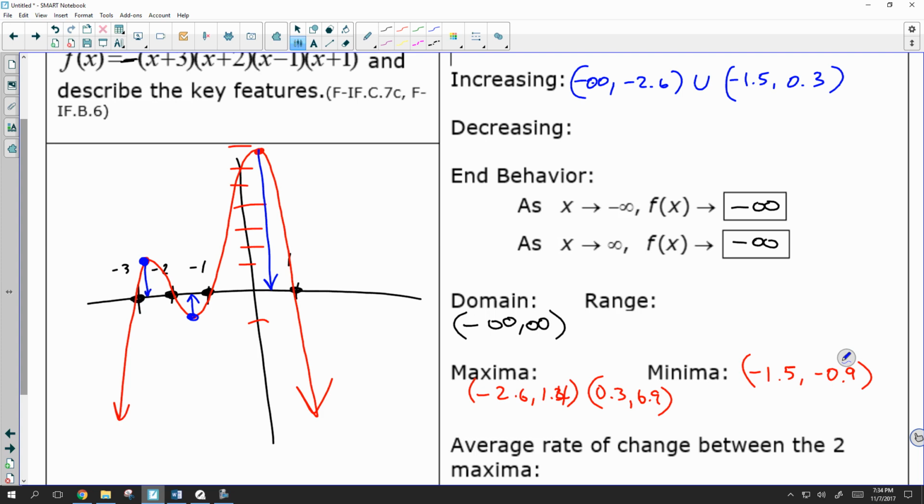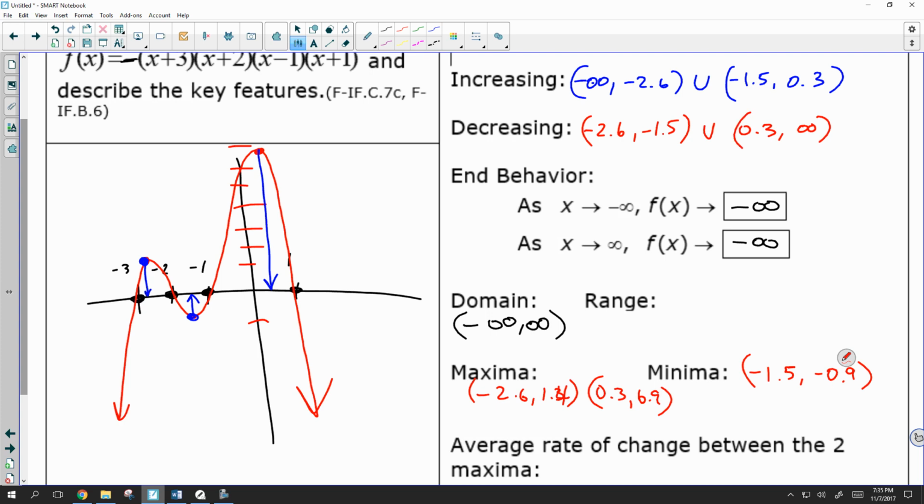Between the first max and the first min, so between -2.6 and the minimum, which was -1.5. And then it starts going down again after the highest maximum, which was at 0.3. And then that goes off to positive infinity because we're talking about the x's.